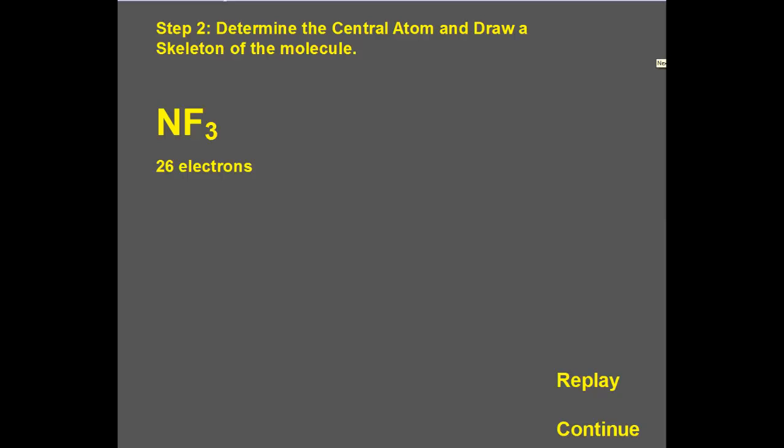Now that we have our valence electrons, 26 valence electrons, we need to determine which of these atoms will be central. And a simple way to do this is basically to look at the formula, and if you have one element that there is only one atom of, and a second element that there are multiple atoms of, the element that only has one will go in the center.